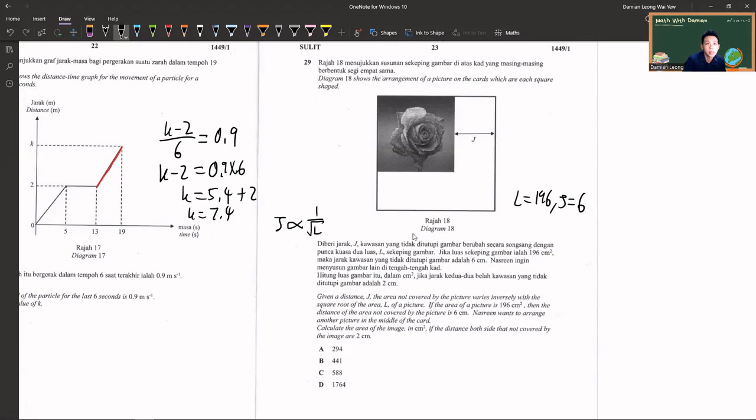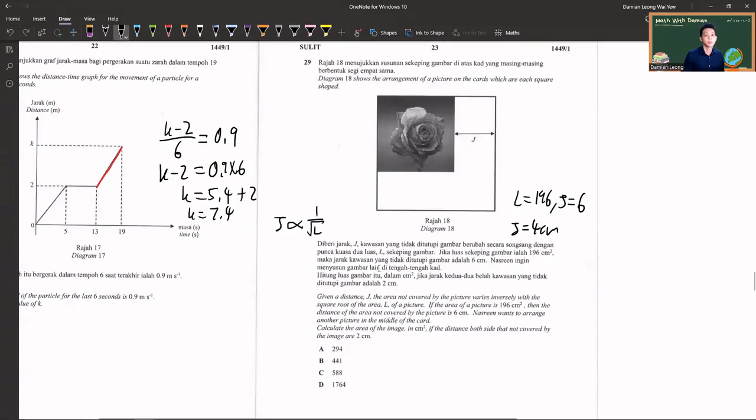Kalau dia letak di tengah-tengah, sebenarnya jarak ini tambah ini, okay, ya, jarak dua tepi ini sebenarnya sama dengan jarak J. So kalau 2 cm dengan 2 cm, maknanya J ialah 4 cm.